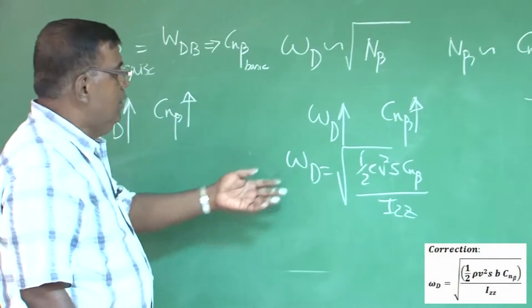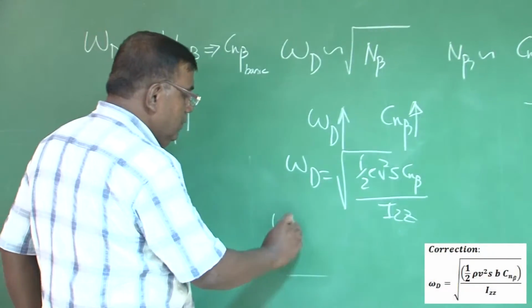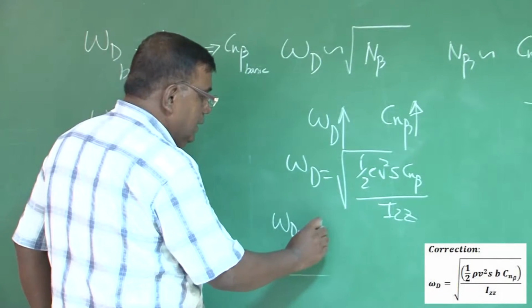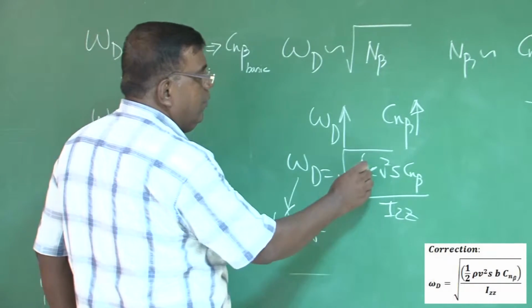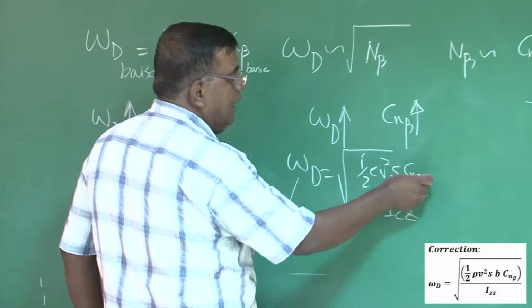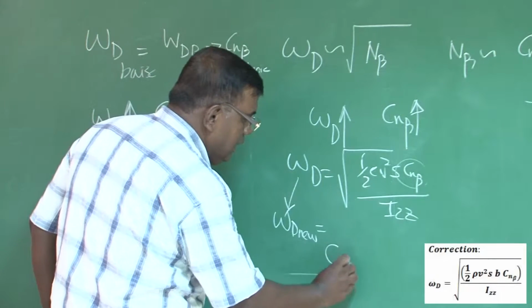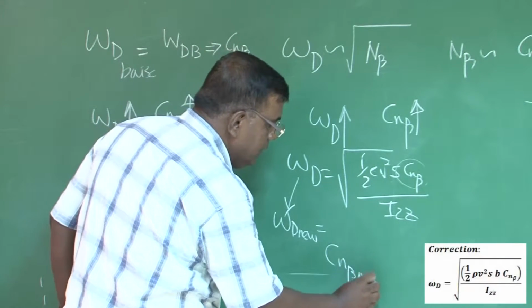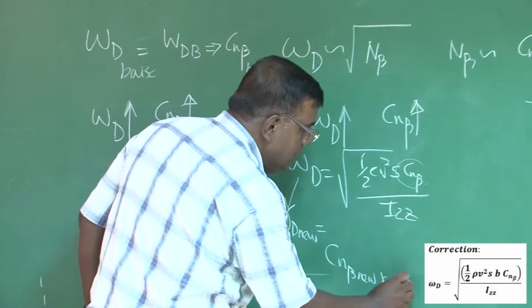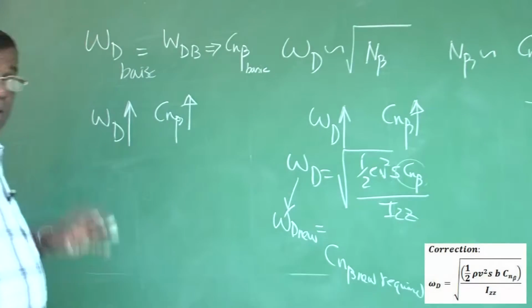From here, whatever new Dutch roll frequency is required, I put on the left hand side, and for rho, V, S and I zz, I know what is the new Cn beta required. Total, right?